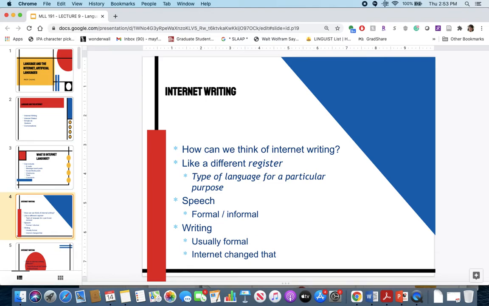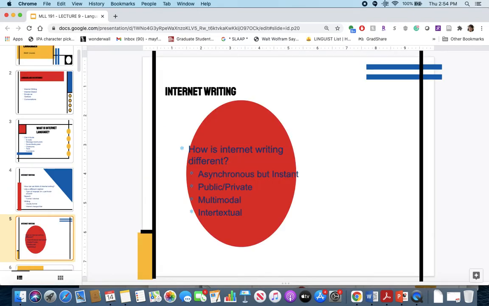But these distinctions between speech, talking, and writing change with the internet because we're able to see the ways in which people speak or write in a very informal tone on the internet, and also some ways in which the internet can influence how you speak in regular everyday life.